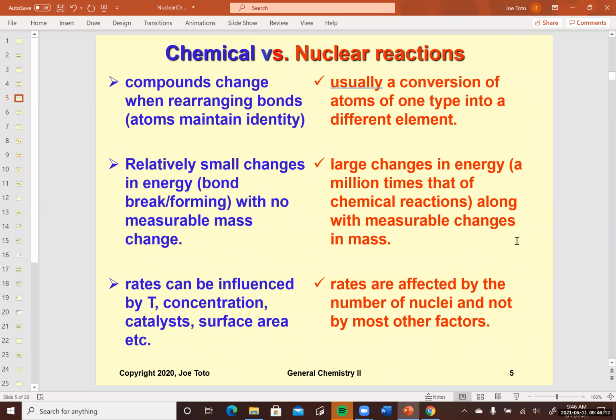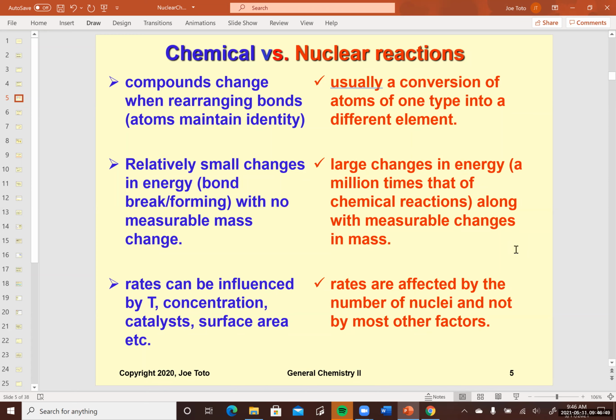All right. This plate here tries to compare something that you know as far as chemistry, or should know, to nuclear reactions. So we have chemical reactions on the left, nuclear reactions on the right. We know that for chemical reactions, bonds are broken and formed, and we know that there are energies associated with that.